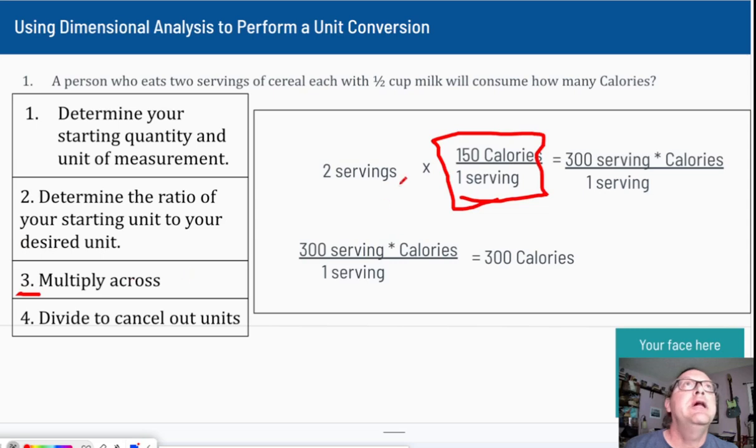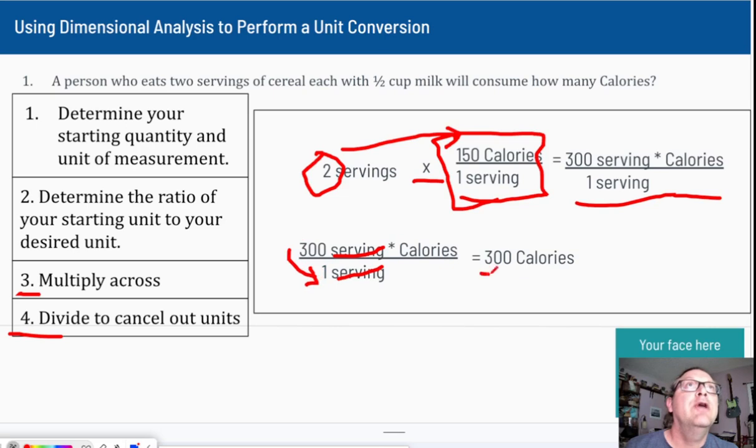And now I can multiply across, 2 times the 150 will give me 300 over here. And now I can divide these units to cancel out. Dividing something by itself cancels it, and the 300 divided by the 1 gives me the same number of calories.